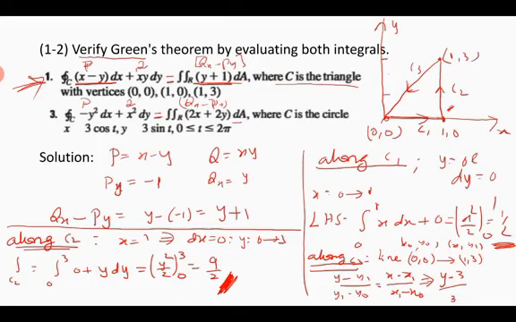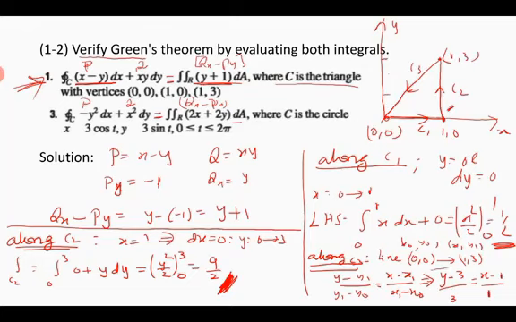X minus x0, x is variable, divided by x1 minus x0, 1 minus 0 is 1.